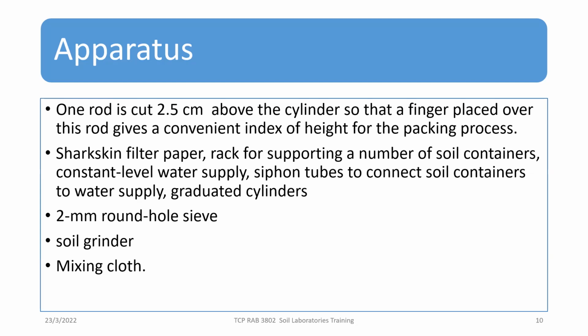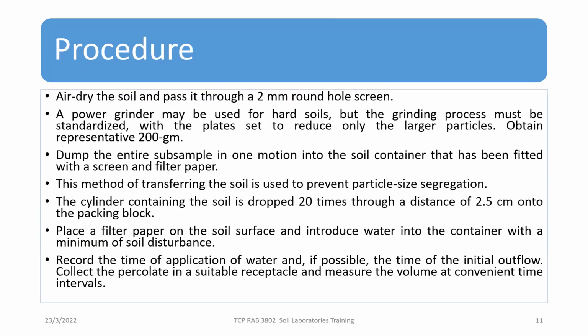You need a soil grinder to grind the soil, and also mixing cloth to join the cylinders together if you have another one. So for the procedure, the soil is air dry soil that passes through a 2 millimeter sieve.